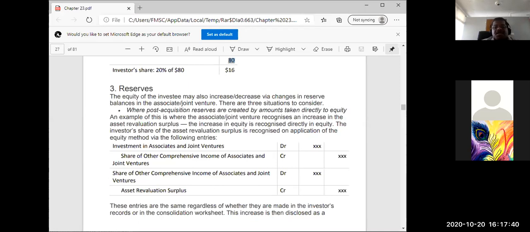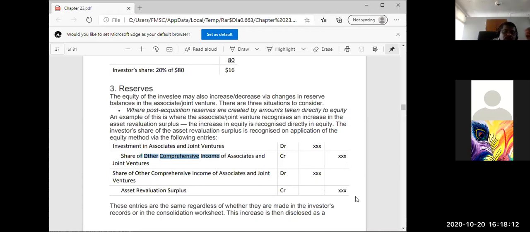When there is an asset revaluation surplus, what we have to do is increase the investment in associate by debiting it, and you credit other comprehensive income, OCI. That is just to disclose in the other comprehensive income. But you have to remember, really it has to be reflected in the revaluation reserve.